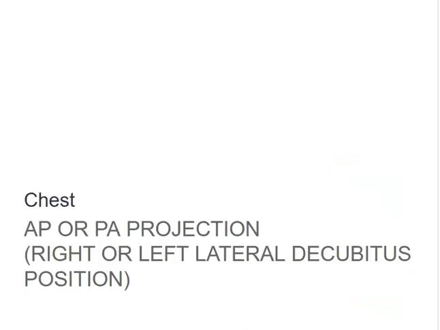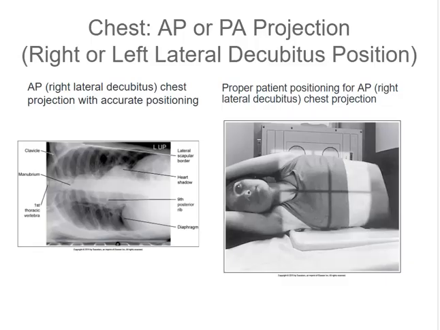Lastly, here we're going to review some decubitus imaging. Image analysis guidelines are the same for the AP, PA projection, and even the decubitus position. So please review those image analysis guidelines, as we've already been over them twice. The most important thing to note is in this projection, there is a higher chance or probability of chest rotation.